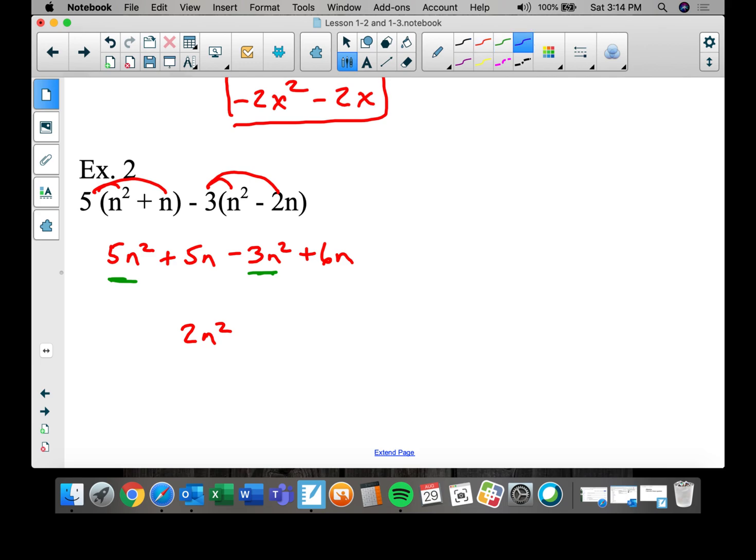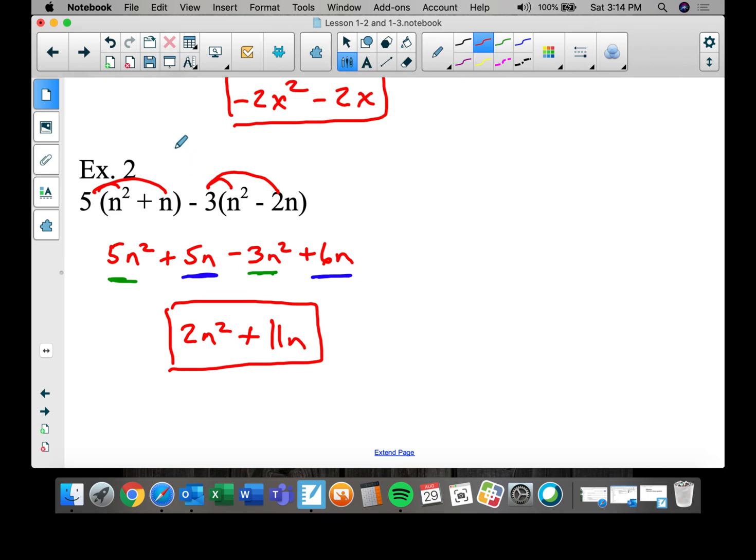Then I have a 5n and a 6n. I can put those together because they're both n's, and therefore I end up with plus 11n. And that is as far as we can simplify this algebraic expression. Again, we can't put those last two together because the first one are n squareds, and the second one, we only have n's in that case.